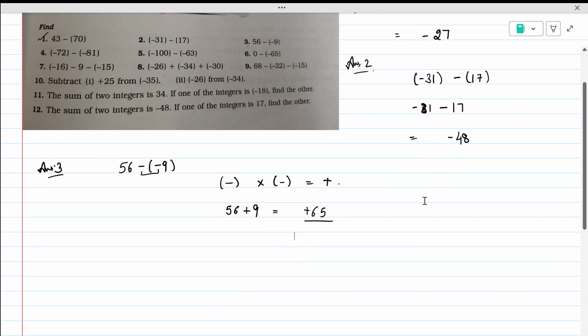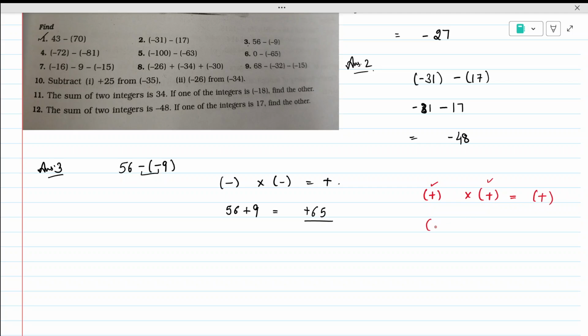So I'm writing the rules over here in red. First is, if we multiply a positive number with a positive number, a number in plus and a number in plus, if both the numbers are positive and we multiply them, the answer will always be in plus.